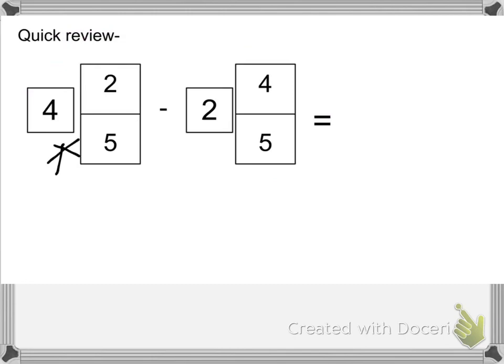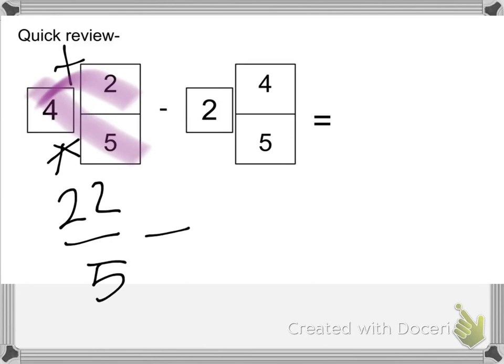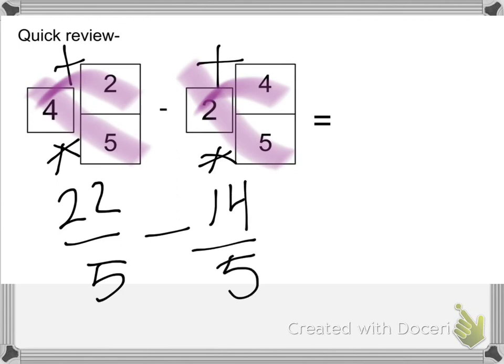So 4 times 5 is 20, plus 2 is 22/5, minus, same thing, 2 times 5 equals 10, plus 4 equals 14/5.